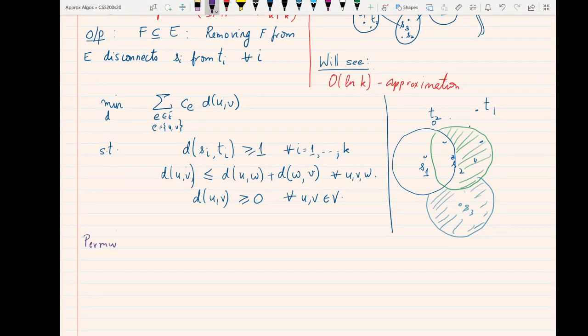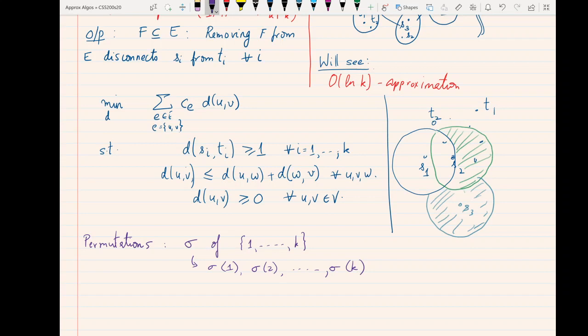So a permutation sigma of the set 1 to k is going to give me k numbers, sigma of 1 to sigma of k.